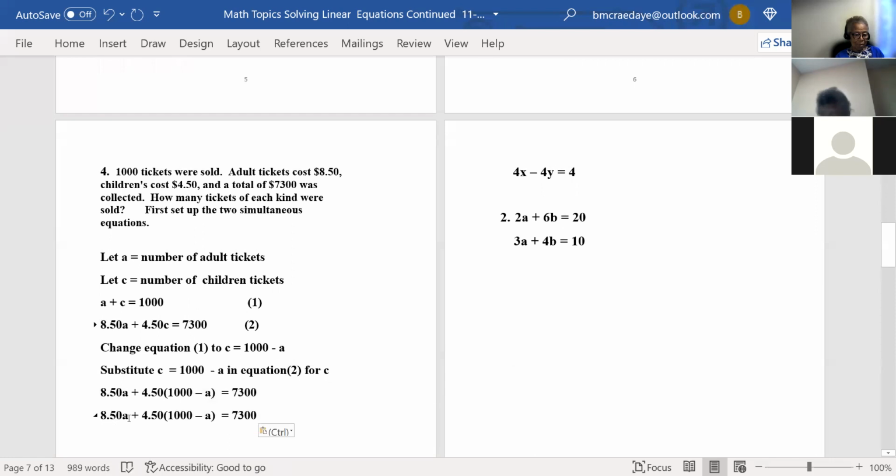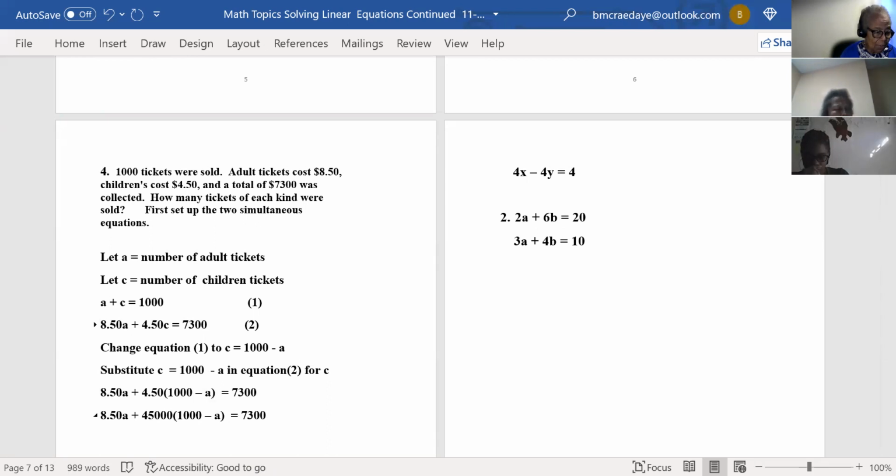850 A. Okay, what's 4.50 times 1,000? 4,500, right? Yes. So this would then be 4,500. And what's 4.50 times minus A?